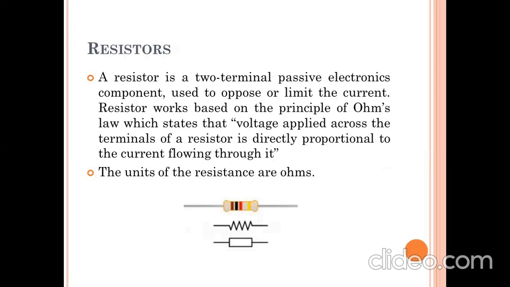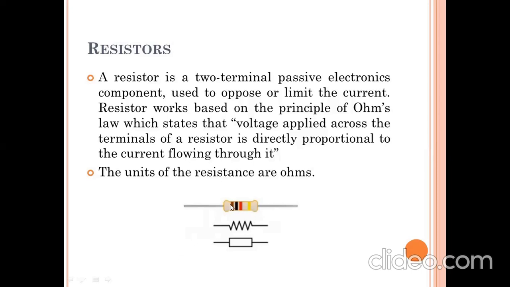It works on Ohm's law, which states that the voltage applied across the terminals of a resistor is directly proportional to the current flowing through that resistor. The unit of resistance is ohms, and Ohm's law states V is equal to IR, that is, voltage is equal to current times the value of the resistance.